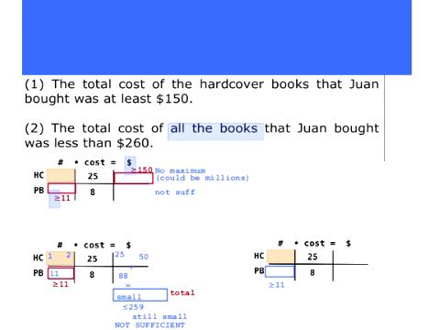This is now at least 150, which means what about the quantity of hardcover books? Yeah, it means 150 divided by 6, so this has to be at least 6.